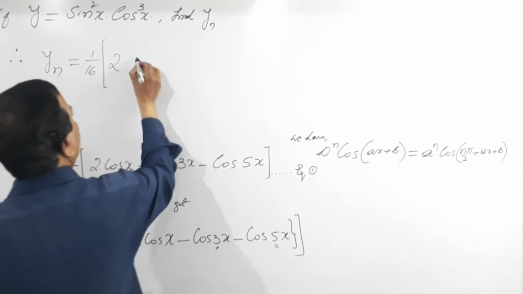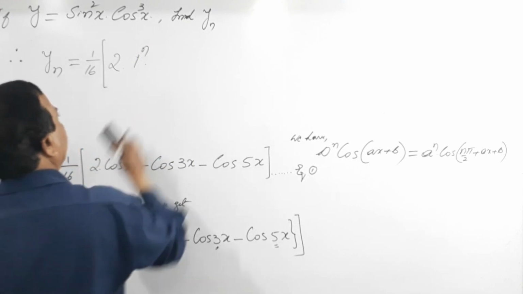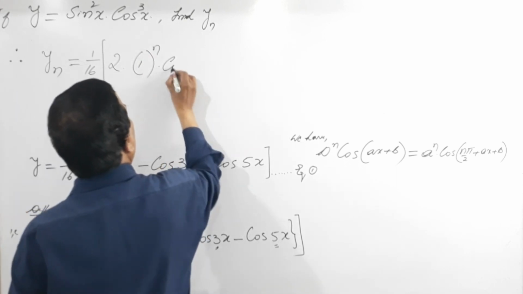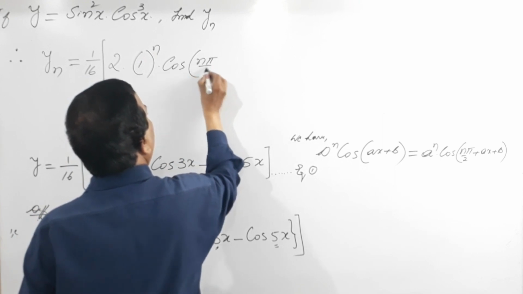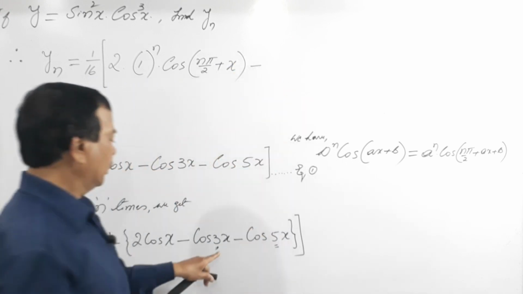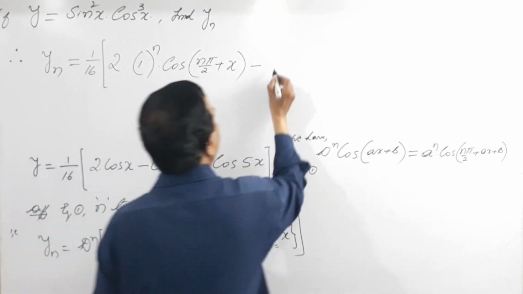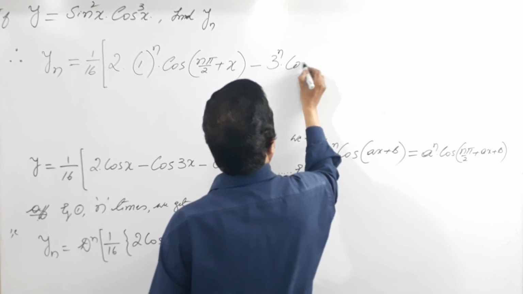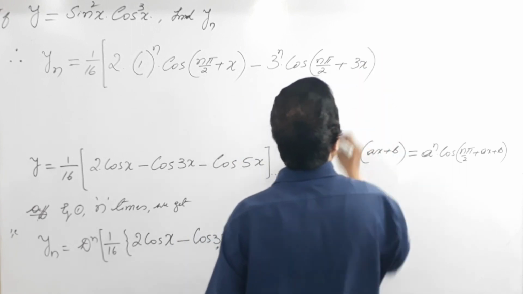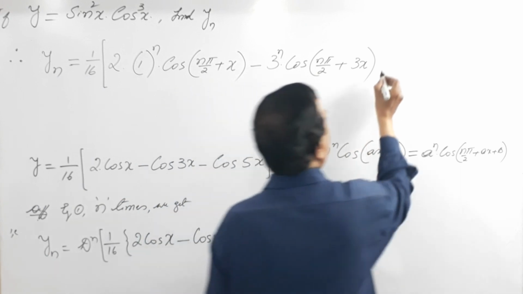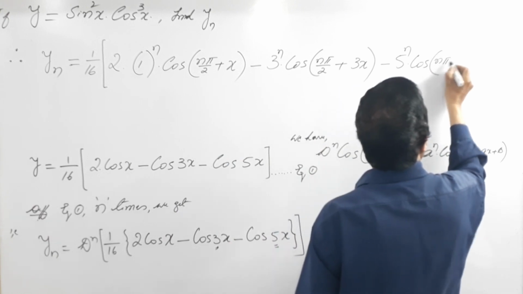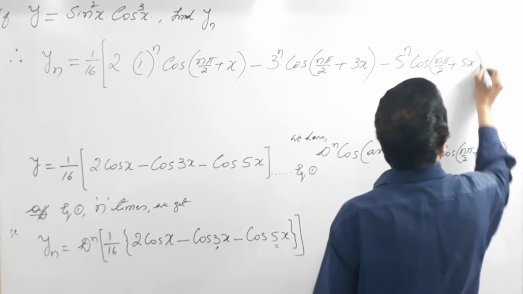Here the coefficient of x is 1, so 1 to the power of n, I put it in the bracket, cos of n pi by 2 plus x, minus, here the coefficient of x is 3, so that becomes 3 to the power of n cos of n pi by 2 plus 3x, minus 5 to the power of n cos of n pi by 2 plus 5x.